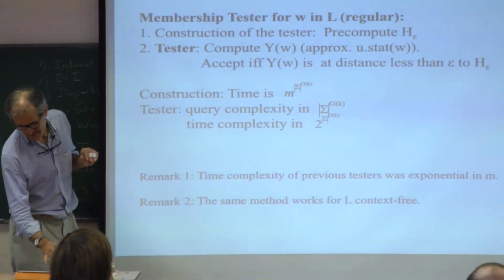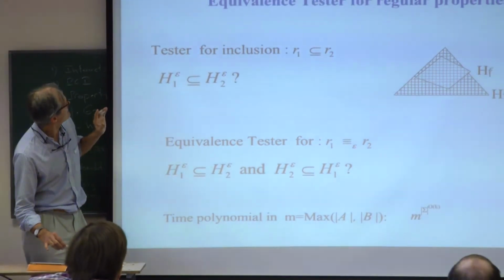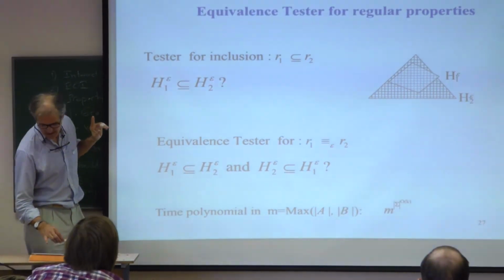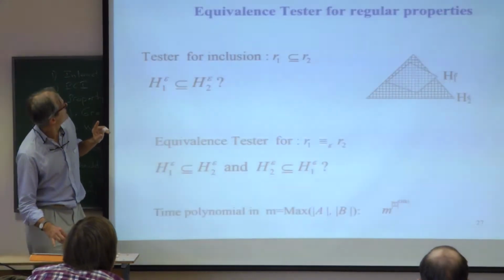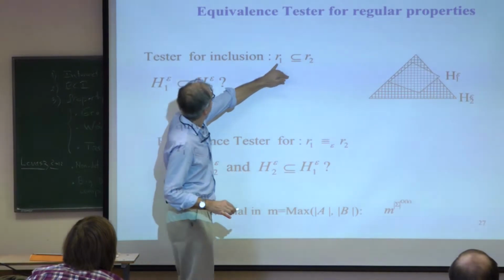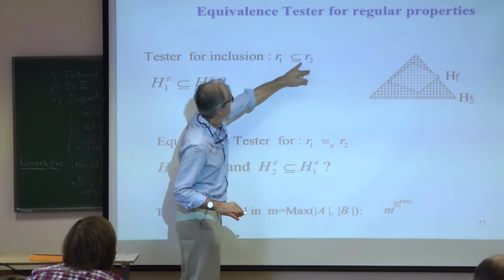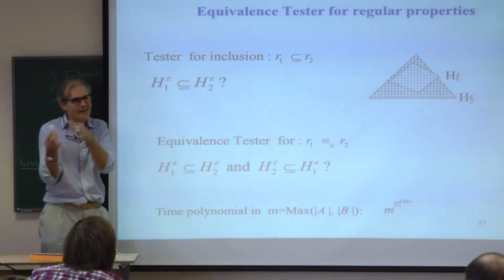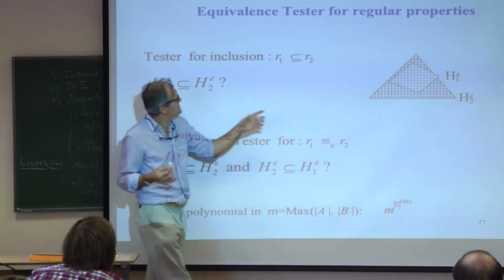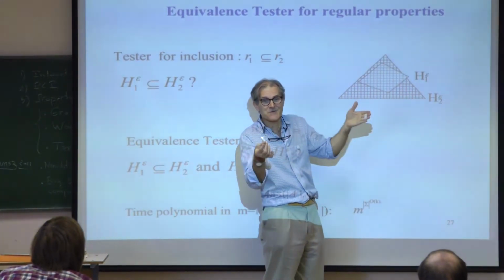All right, so here's a membership tester. Let me just sketch what's going on. This is also, say, a byproduct. You want to test whether two regular expressions are included one in the other. So essentially what you do is you build a polytope for one, you build a polytope for the other, and you check the inclusion.